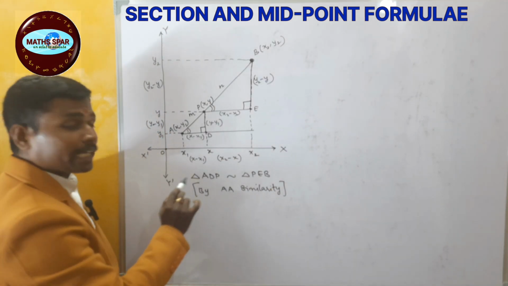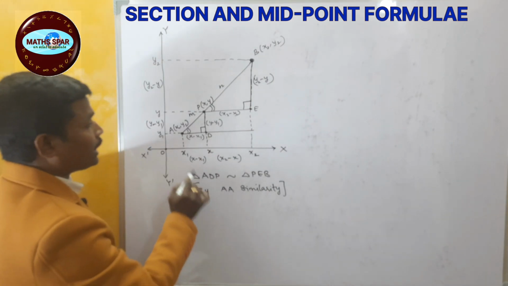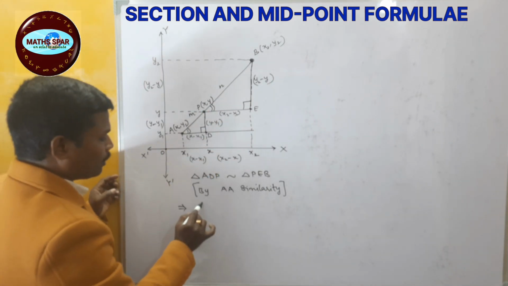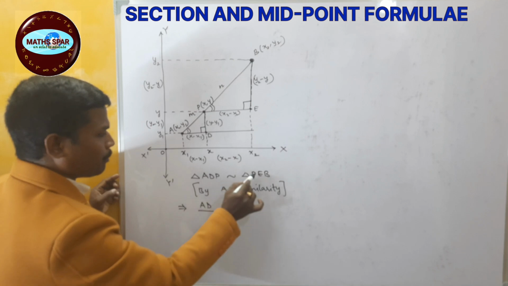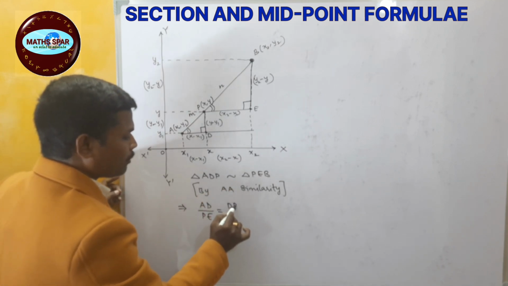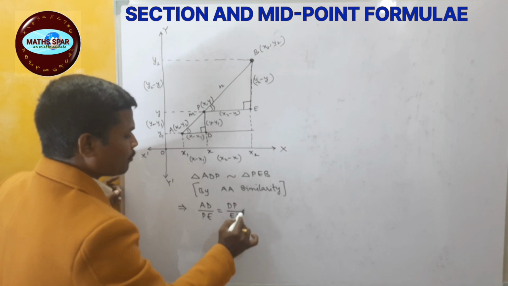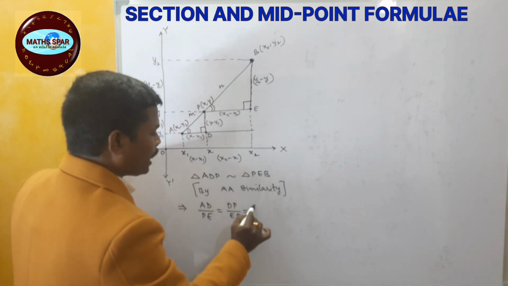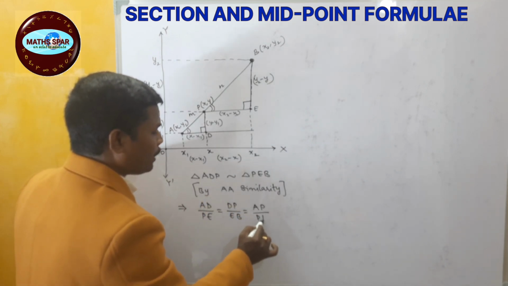When two triangles are similar, their sides are proportional. So we write AD by PE is equal to DP by EB is equal to AP by PB.